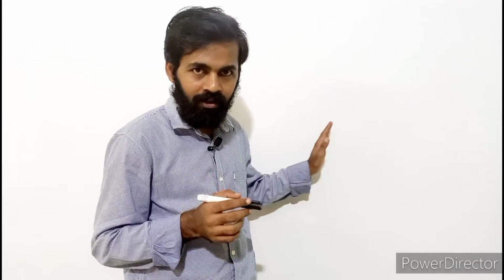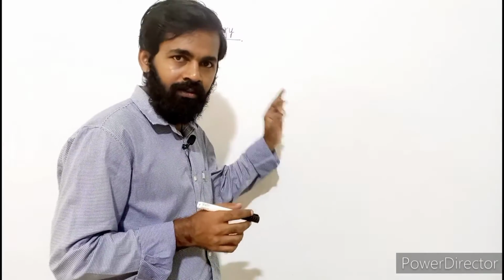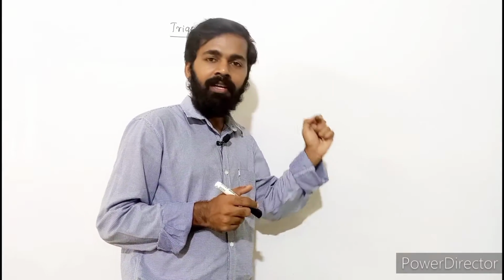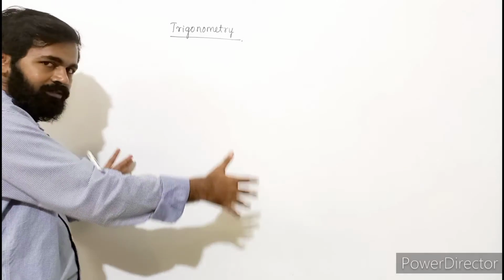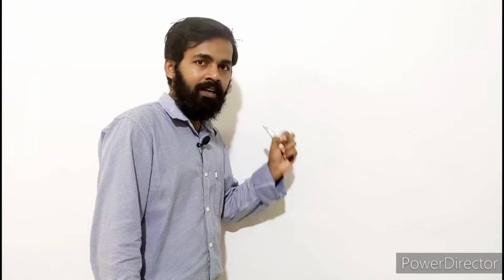In this session, we will continue with the chapter trigonometry, and we will see the trigonometric ratios of the standard angles. Now I'll write the whole table here for the standard angles.